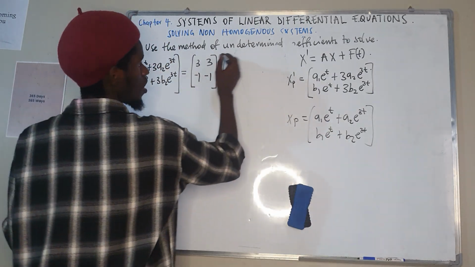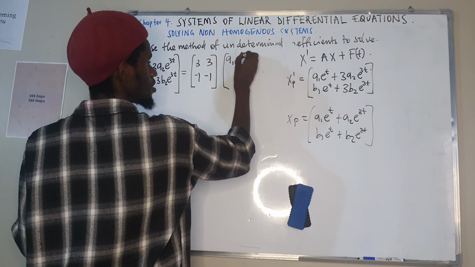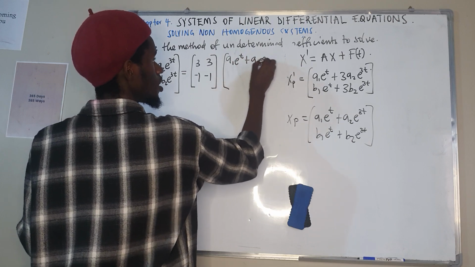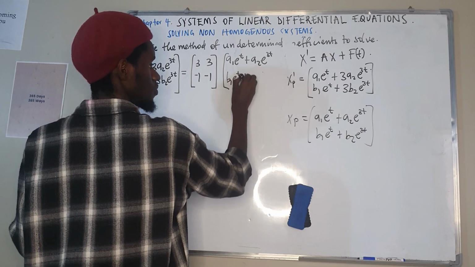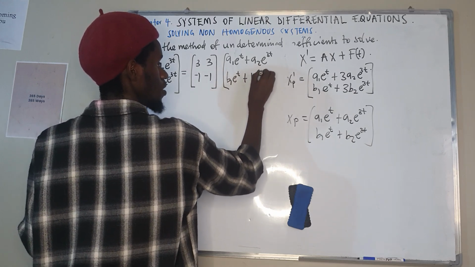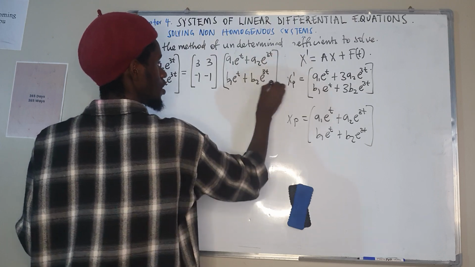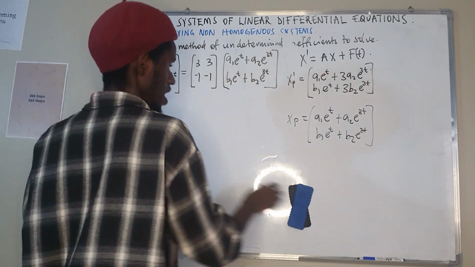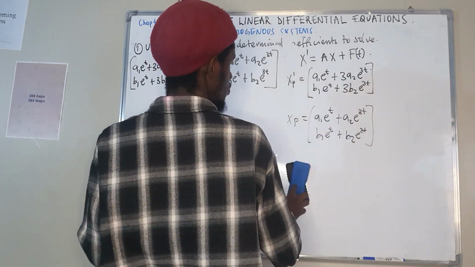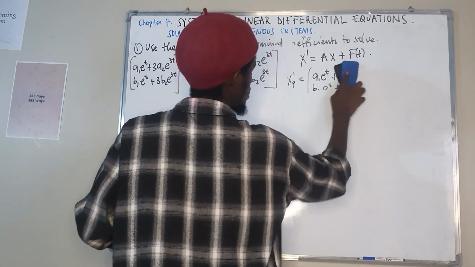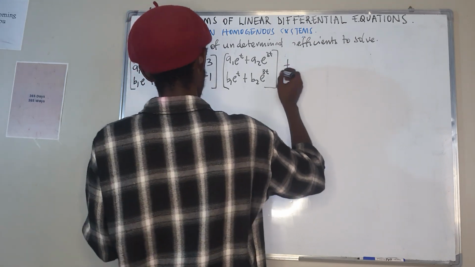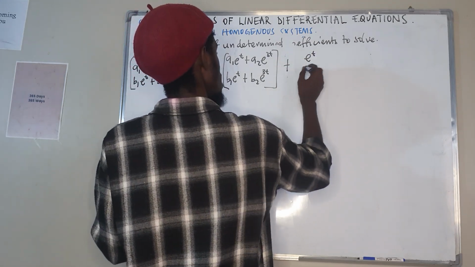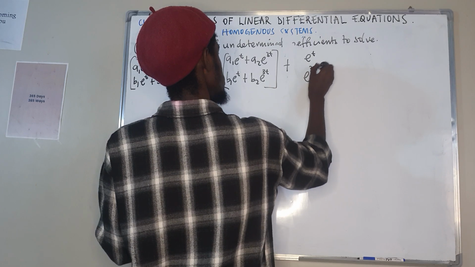This is my x: a1 e^t plus a2 e^(3t), and then b1 e^t plus b2 e^(3t), like that. But plus f(t). We had f(t) already. My f(t) was e^t and then e^(3t).